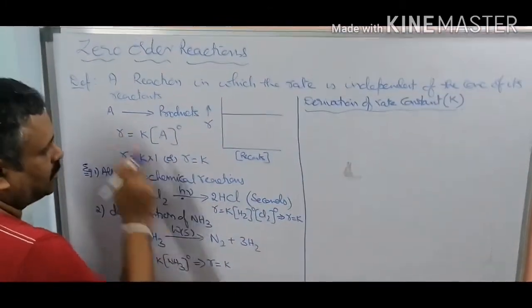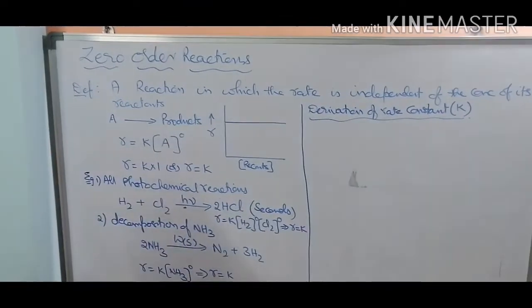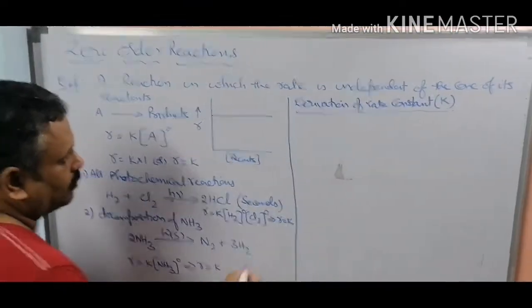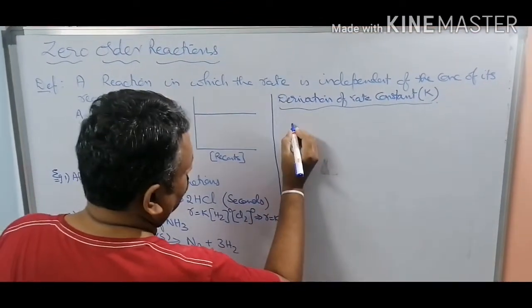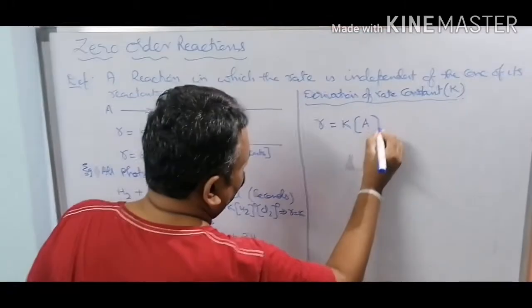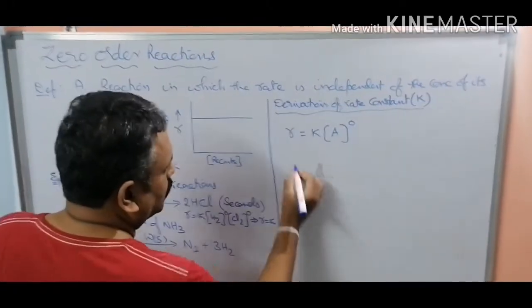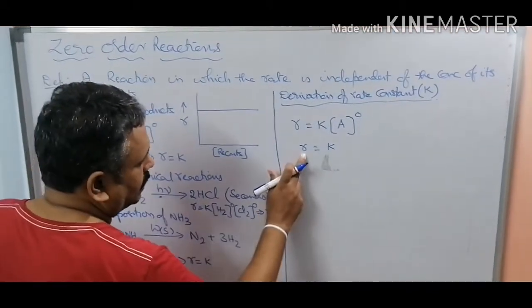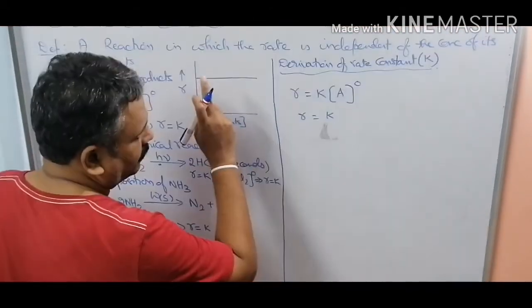Let us consider our representation of the hypothetical reaction that we took. R is equal to K into A to the power of 0 based on our definition. So in the next step we wrote it as R is equal to K. What is R? It is rate. What was the rate definition?